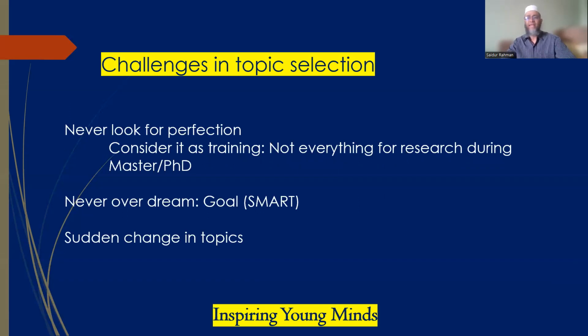Okay, so far I have discussed how to select the topics. Of course, there are always challenges. One of the problems is that when researchers want to do research, master's, PhD, or they are going to start their research, sometimes they are looking for a perfect solution. That's wrong. Nobody is perfect.